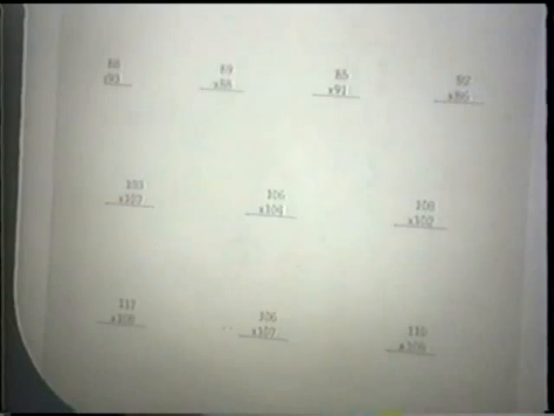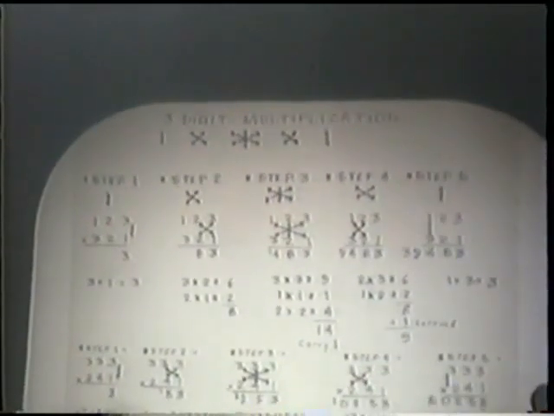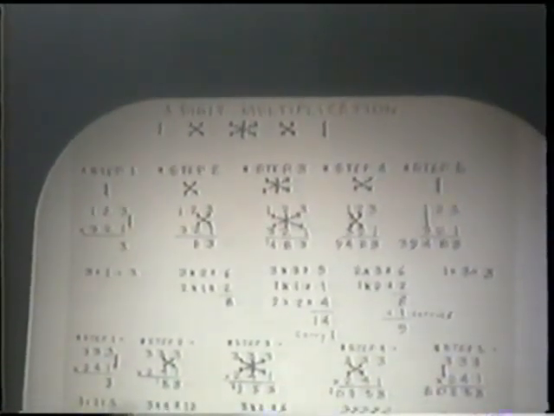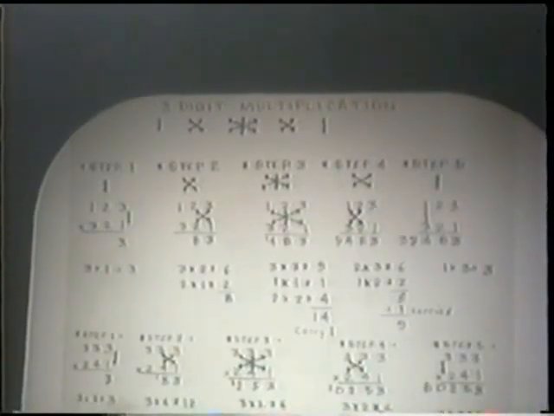Now we're going to do a different type of operation. We're still going to use the quick and easy steps, mind you, but now we're going to do 3-digit multiplication. That's right, you're going to do 3-digit multiplication the easy way. How do we do that? We have steps that we use.